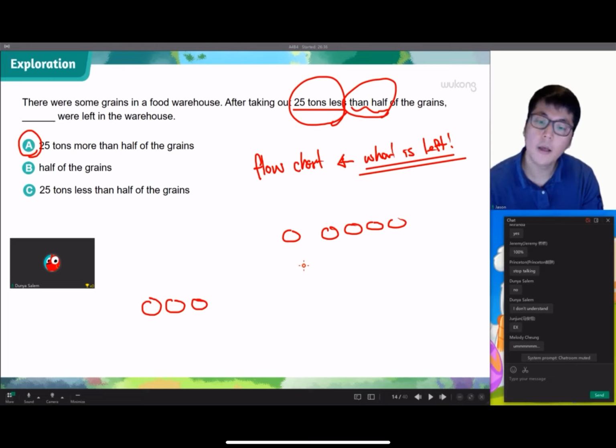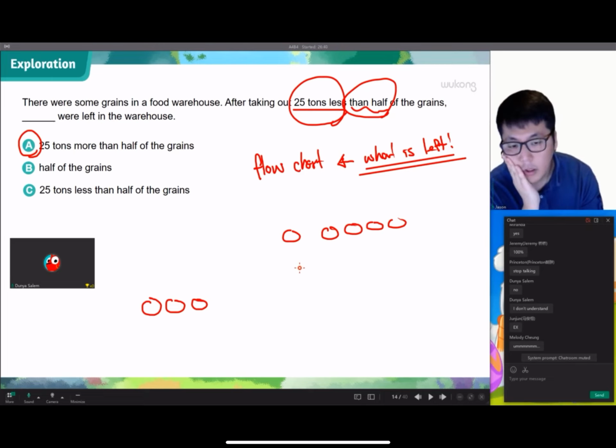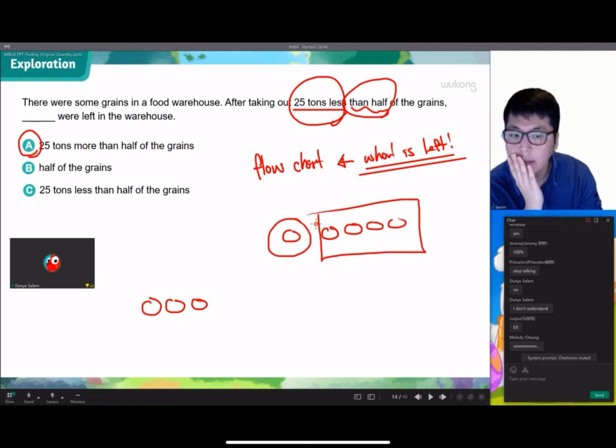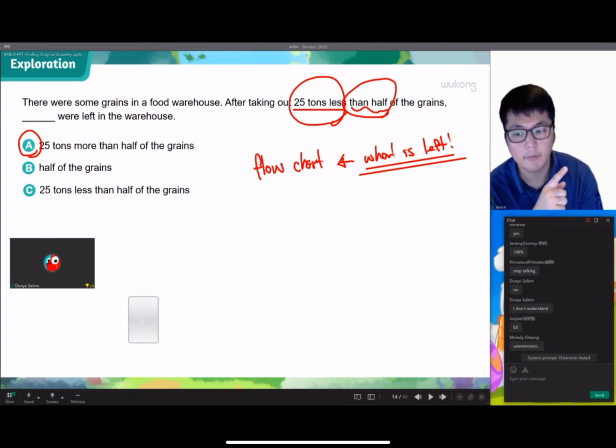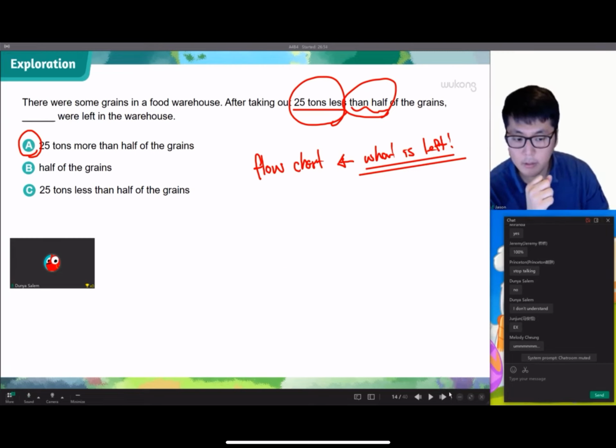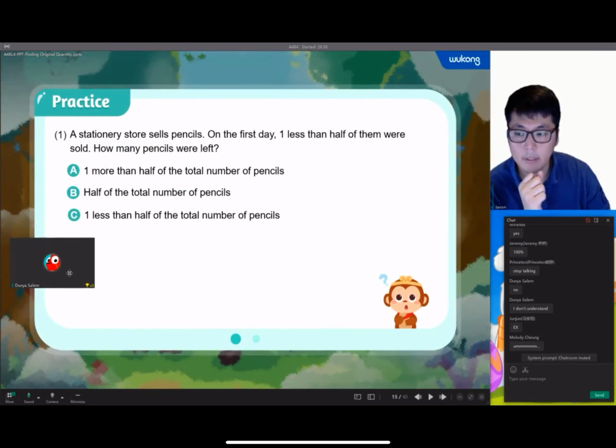Yeah. So I have 1 more than half left. So it's the opposite, if you want to think a little bit more easily. What you took is the opposite of what you have left.